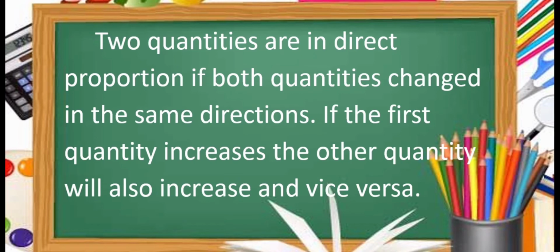We can say that two quantities are in direct proportion if both quantities change in the same direction. If the first quantity increases, the other quantity will also increase, and vice versa, which means if it decreases, the other should also decrease.